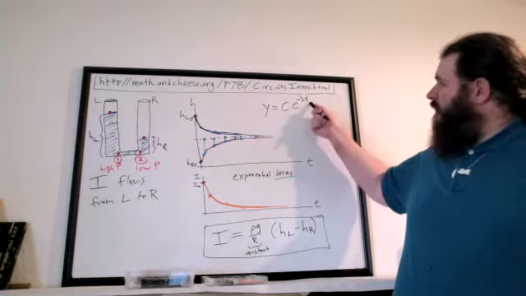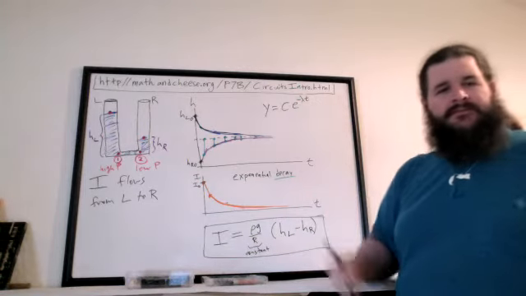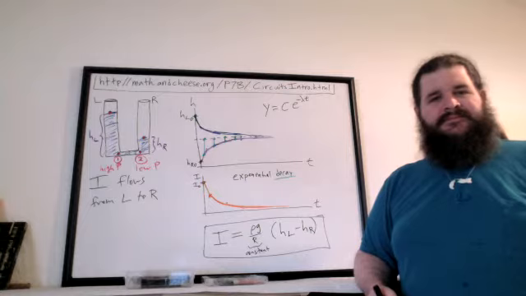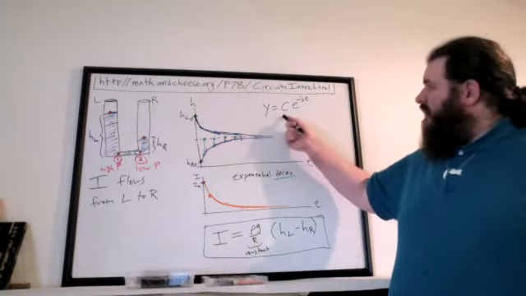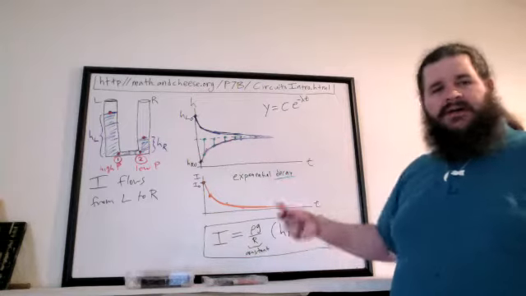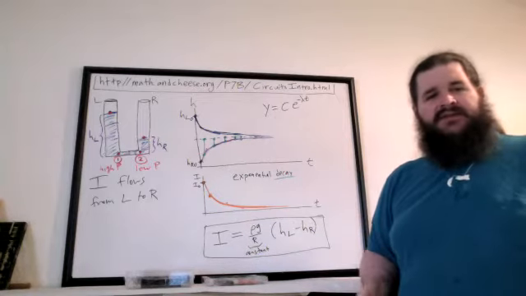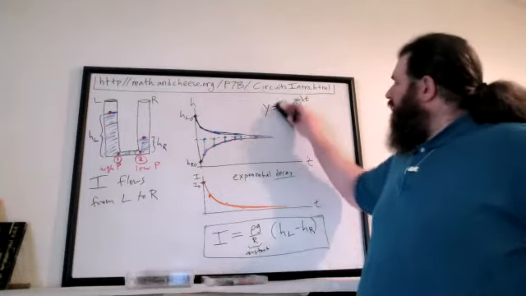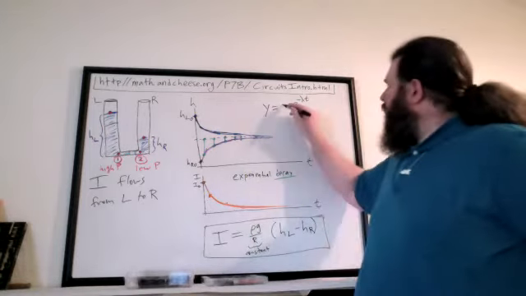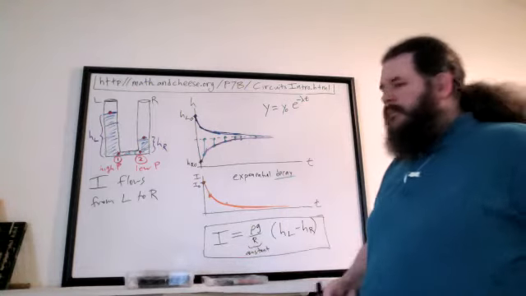If you were to plug in 0 for t, what's e to the 0? 1. So we just get at time 0, c times 1 is the y value. In other words, this constant multiplier is the y value at time 0. So we usually just write that as y sub 0.